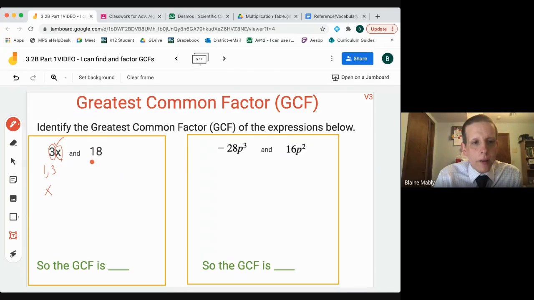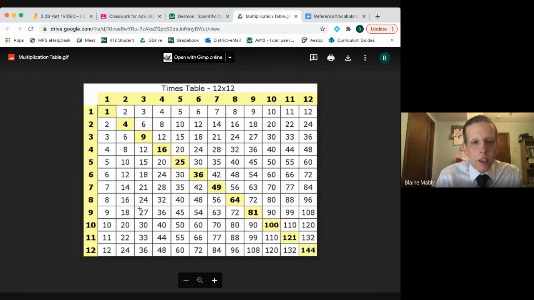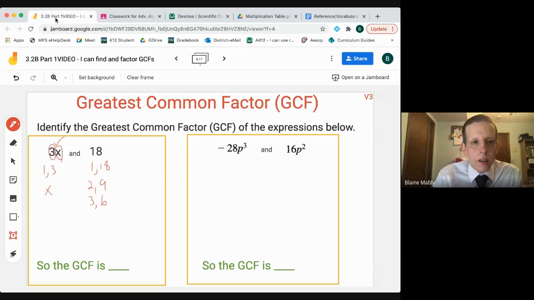So 18, we're going to have 1 and 18, 2 and 9, and 3 and 6. And again, you can use a multiplication table. Find the 18. There's 3 times 6, 2 times 9. However you learn to find factors.